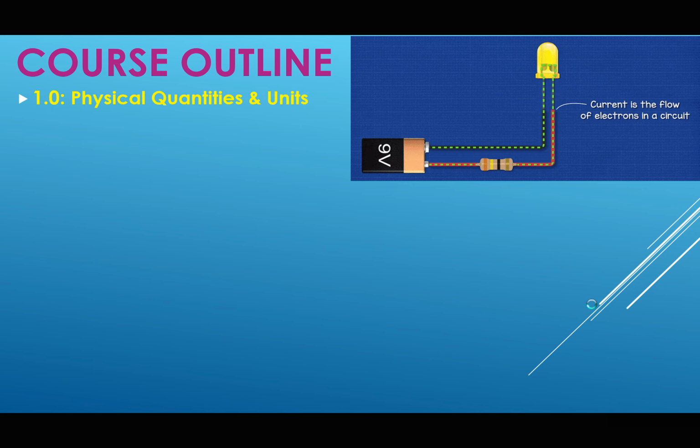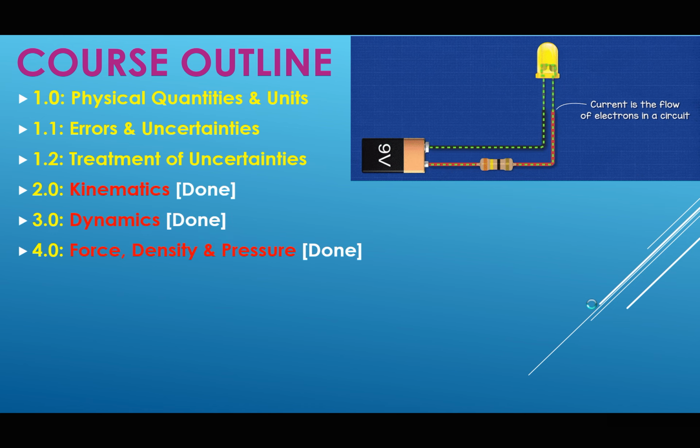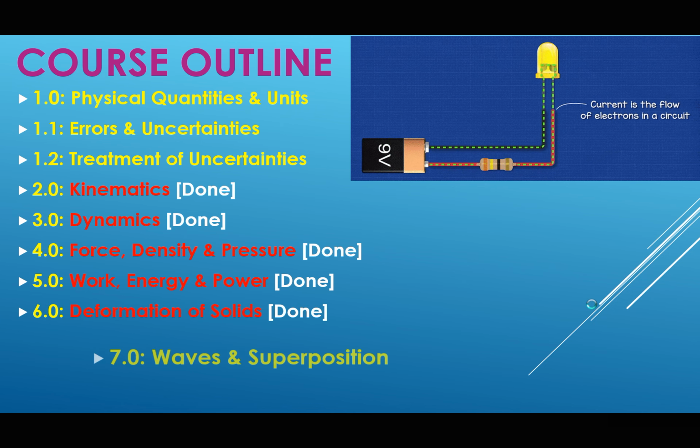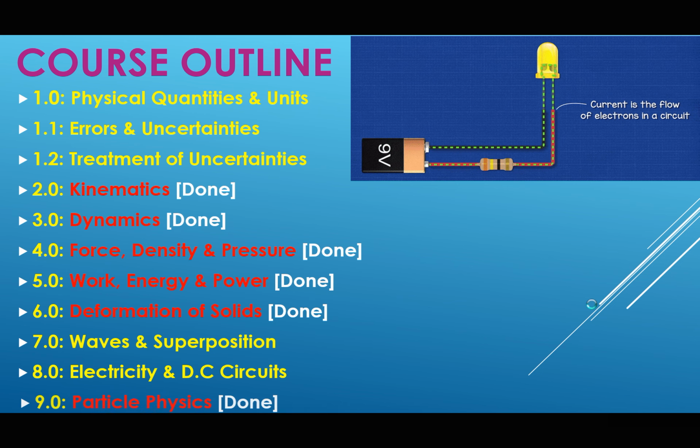Do not forget the course outline for AS Physics 9702, where you study physical quantities and units, errors, uncertainties, treatment of uncertainties, kinematics, dynamics, force, density and pressure, work energy and power, deformation of solids, waves and superposition, electricity and DC circuits, and currently we are concentrating on electricity and DC circuits.